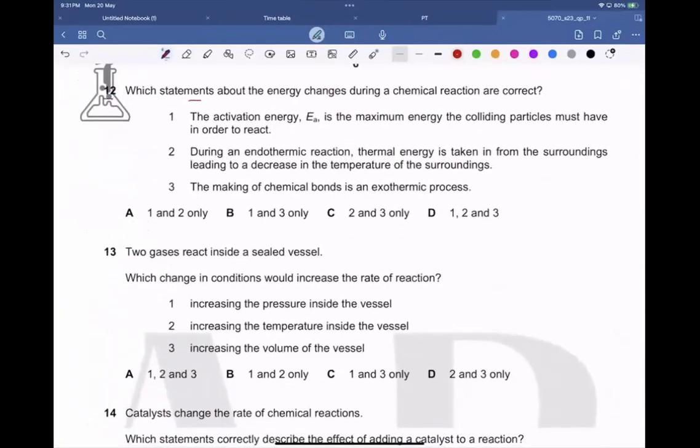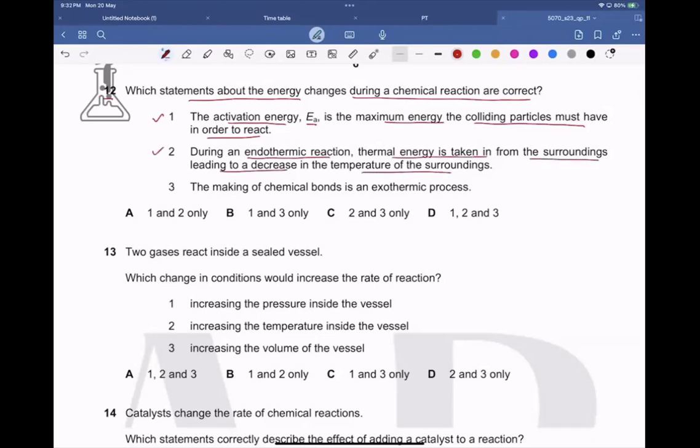Question number 12. Which statement about the energy changes during chemical reactions is correct? The activation energy E is the maximum energy the colliding particles must have in order to react. This is the correct statement? During an endothermic reaction, thermal energy is taken in from the surroundings, leading to a decrease in the temperature of the surroundings.